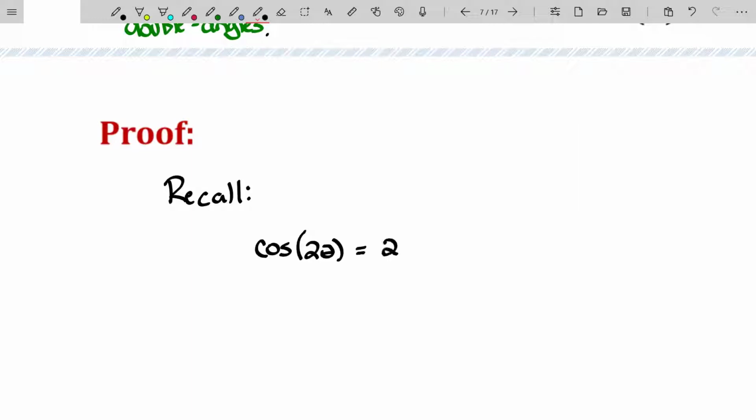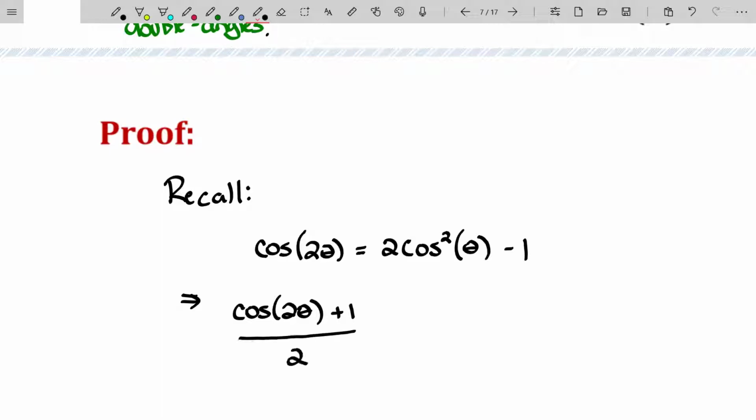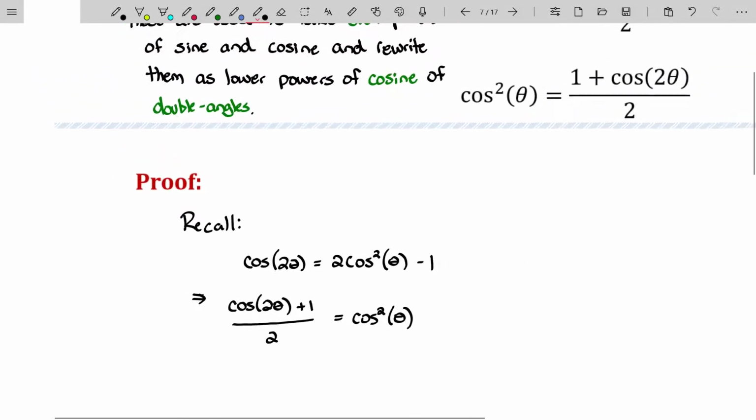The first one I'll refer to is 2 cosine squared of theta minus 1. Now, if I wanted to, I could add 1 to both sides. If I did that, I'd get to here, and then I could divide both sides by 2. If I did that, I get to there, and guess what we have? We have the second version of the power reduction formula.